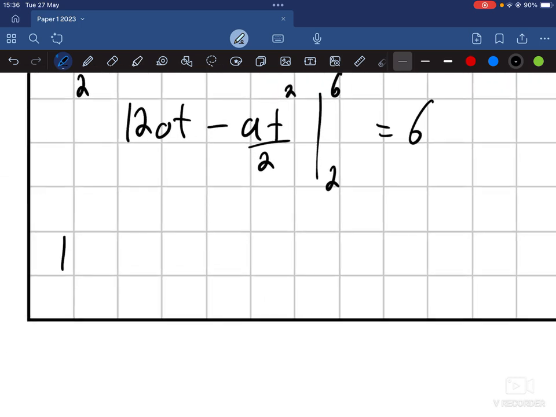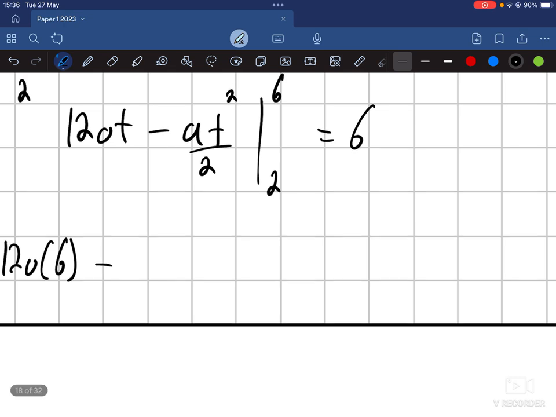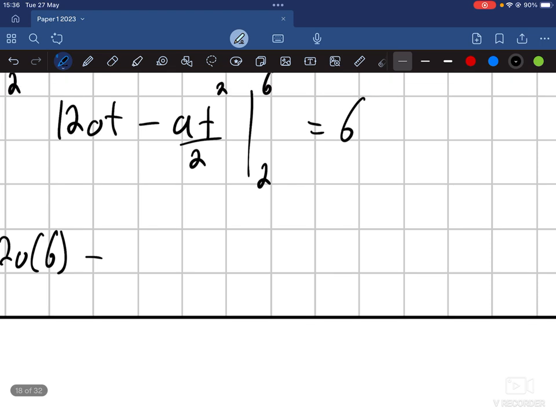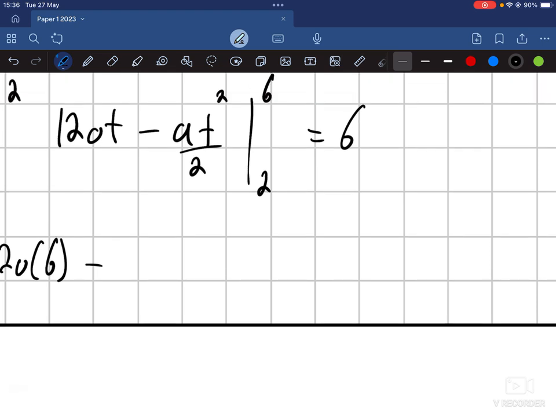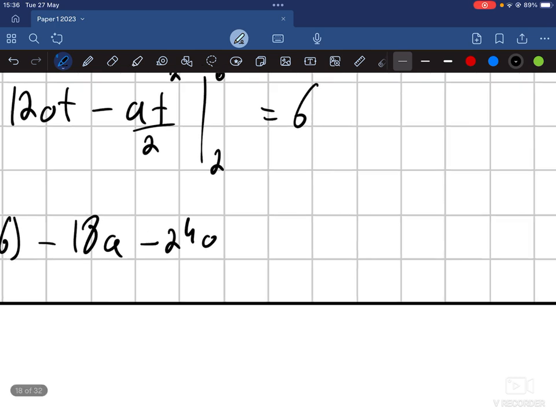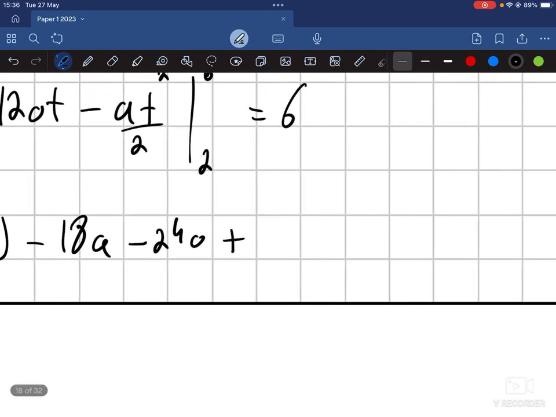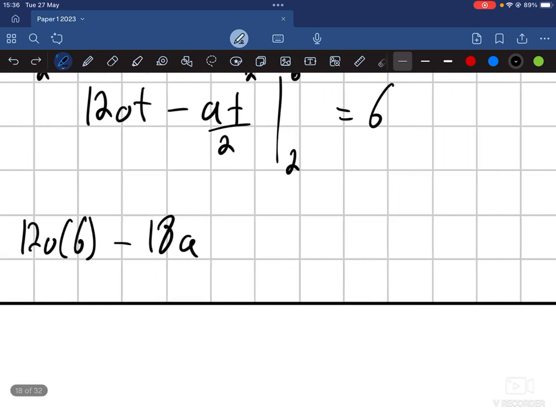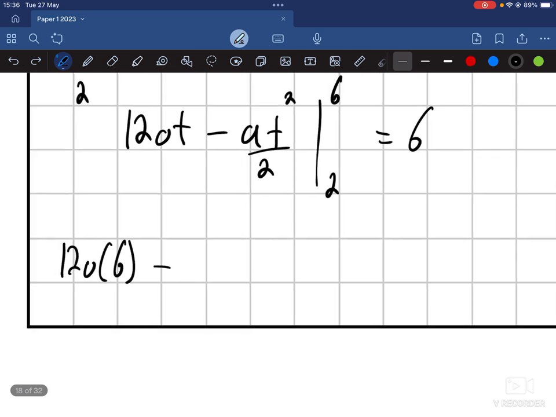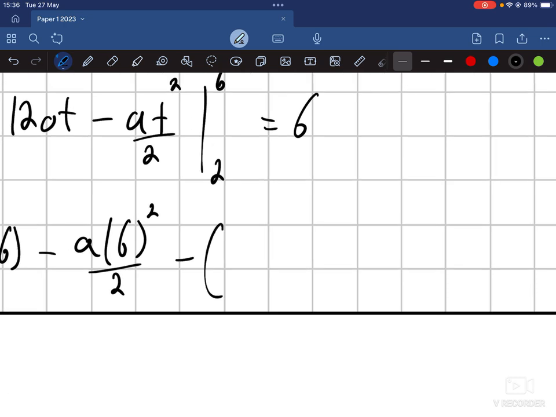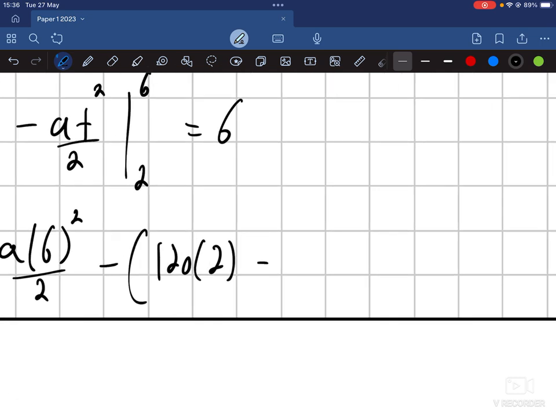So 120 by 6 minus a by 6 squared over 2, minus 120 by 2 minus a by 2 squared over 2.